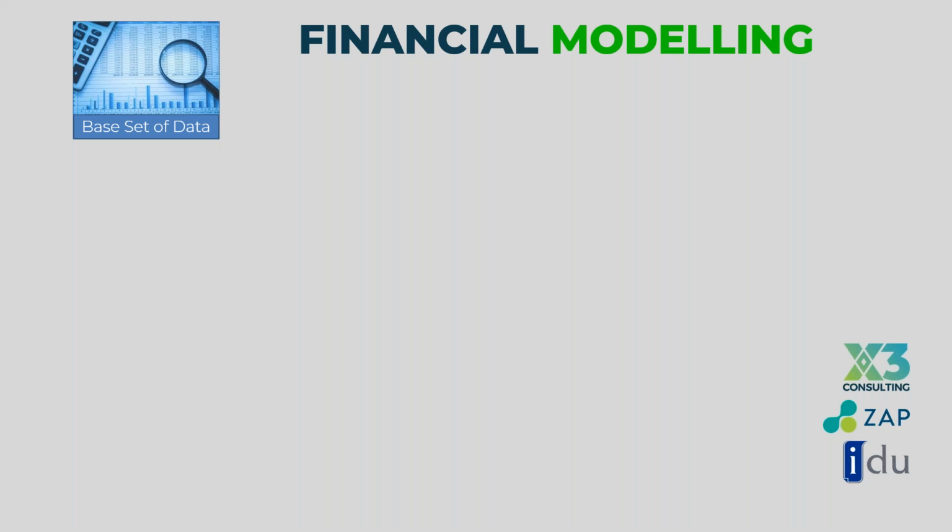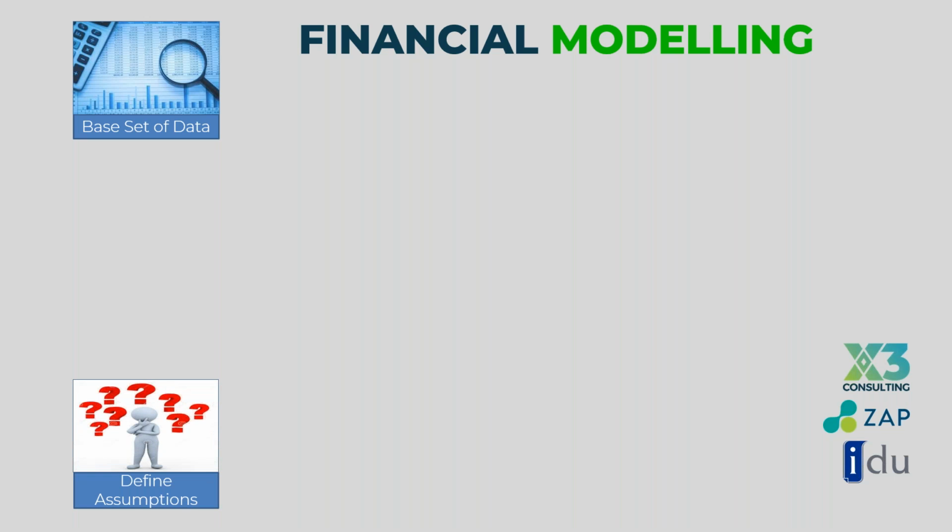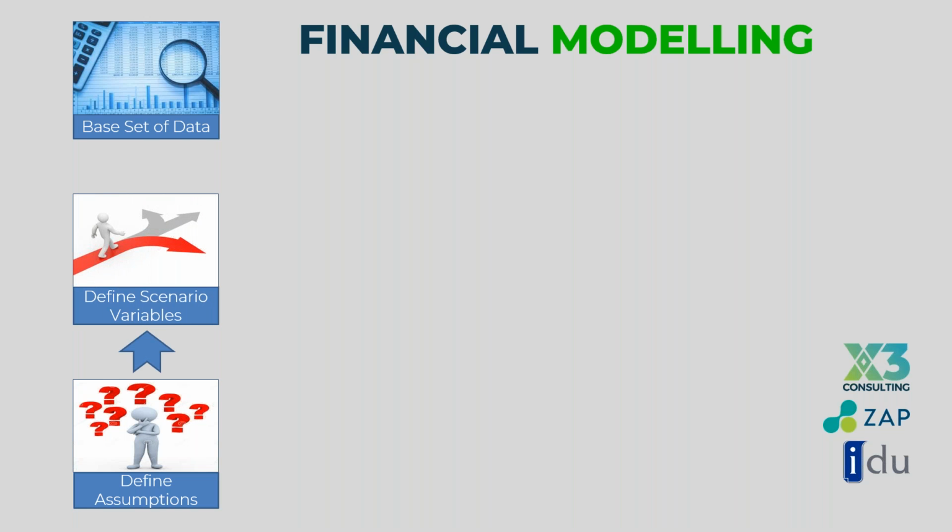Financial modeling is all about having a base set of data, which could be your starting point, your detailed budget, and then assumptions. So what assumptions are relevant or pertinent to your business? What are your drivers of your business? And how many are there and what are they? And then how many different scenarios do you have?